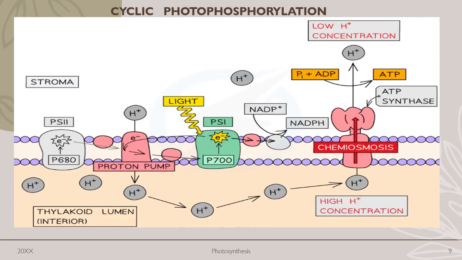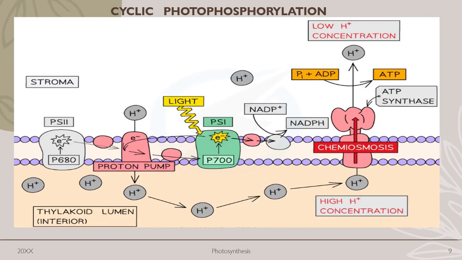When they become excited, they are released, and this is a proton pump here. This proton pump also acts as an electron acceptor. So these excited electrons are then accepted by the proton pumps.